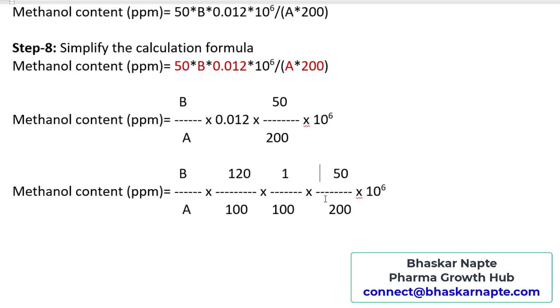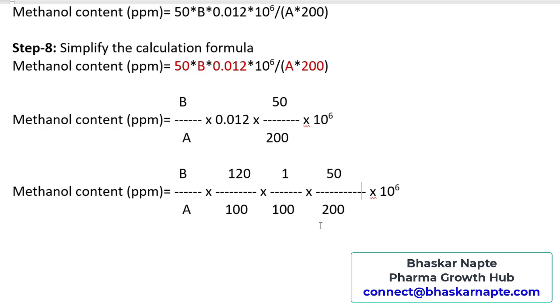The 50 is the sample dilution, the 200 is the sample weight. Now this 120 mg of the methanol is the amount of methanol taken. But in case the purity of methanol is only 90%, will it be 120 milligram of the methanol? It will not.